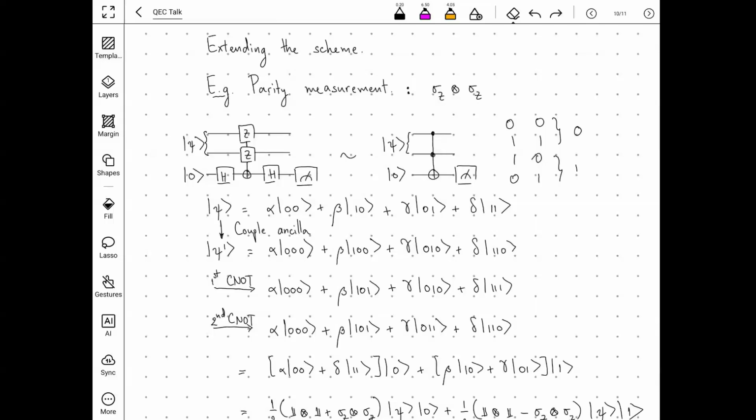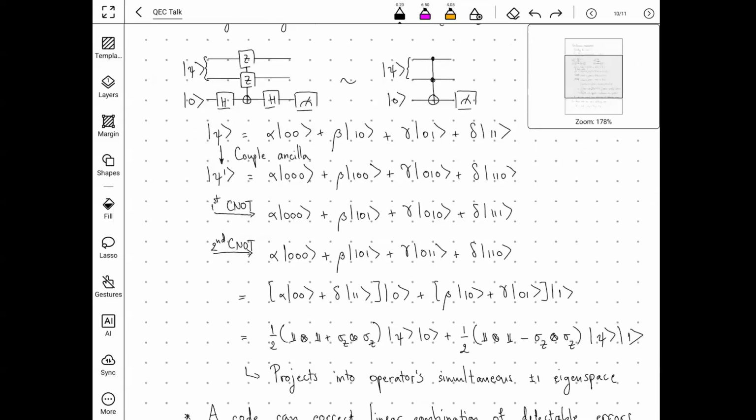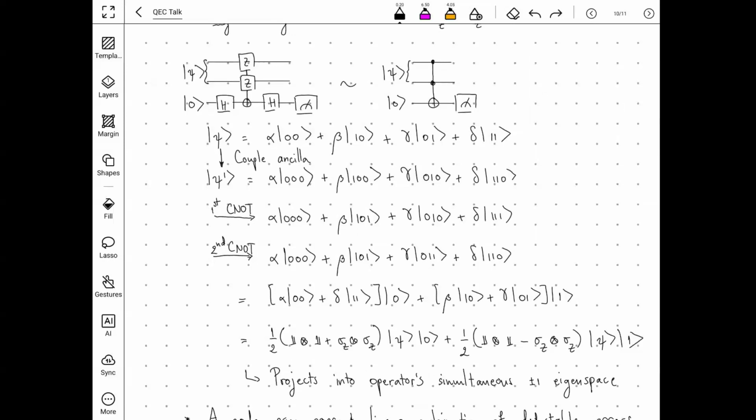So these are the calculations. I still don't really have a proof that you can extend it. I'm sure there is a proof somewhere, but I just haven't found it yet. But just to show you that it actually works, I've expanded this one.